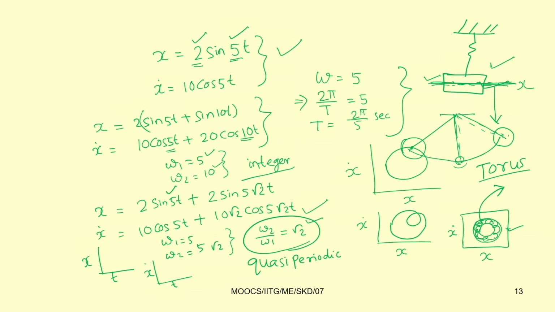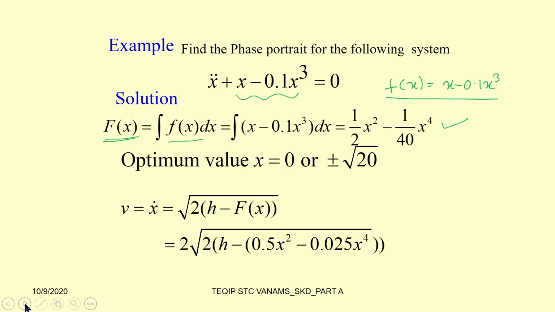Potential energy is maximum here, minimum here, and again maximum here. So, the optimum values of x we can get at x equal to 0 or x equal to plus minus root 20.